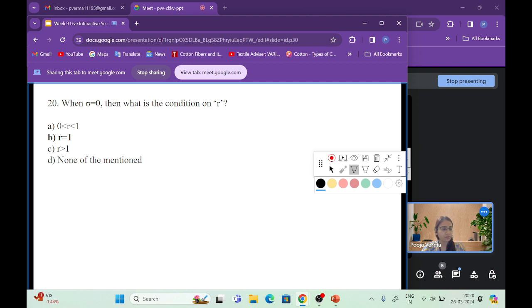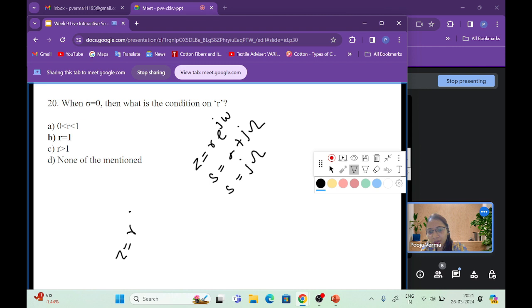Okay, so already we know that Z is equal to R e to the power j omega, and S is equal to sigma plus j omega. Now, if sigma is equal to 0, then S is equal to j omega only. And from this equation, Z is equal to R, what is e to the power j omega? cos omega plus j sin omega.